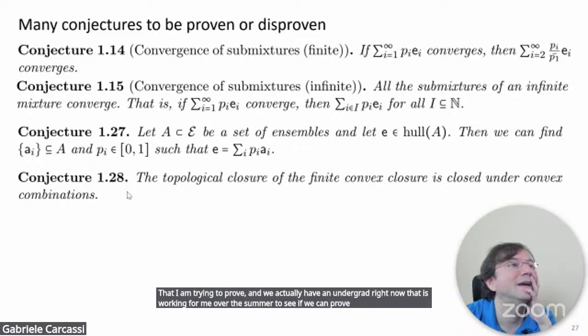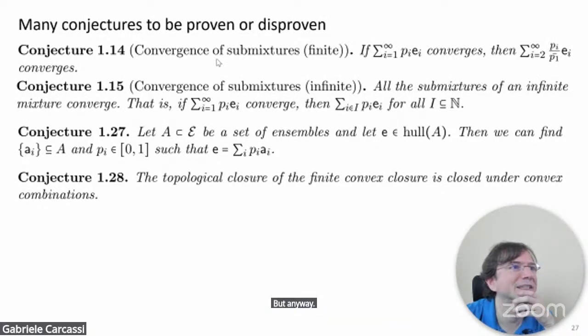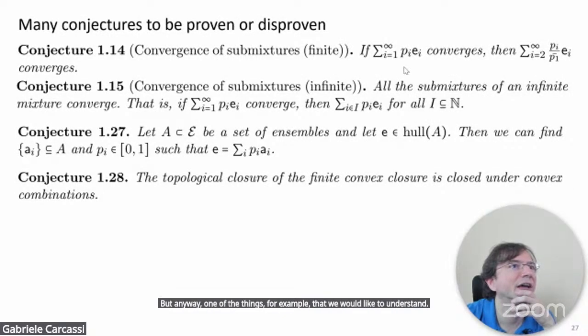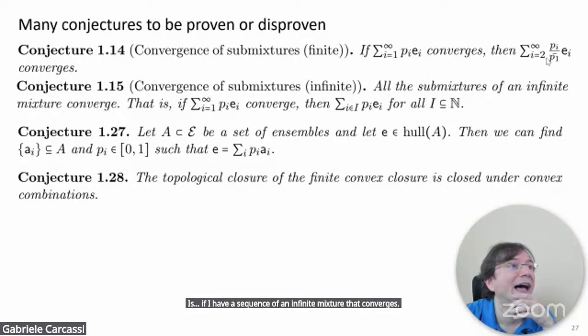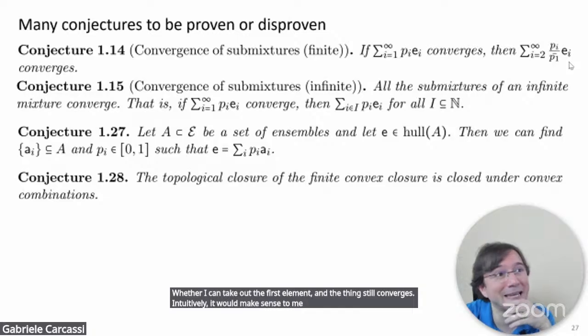In fact, one of these conjectures we already proved to be wrong. But one of the things, for example, that we would like to understand is if I have a sequence of an infinite mixture that converges, whether I can take out the first element and the thing still converges. Intuitively, it would make sense to me that that's the case, but again, you need to prove it.